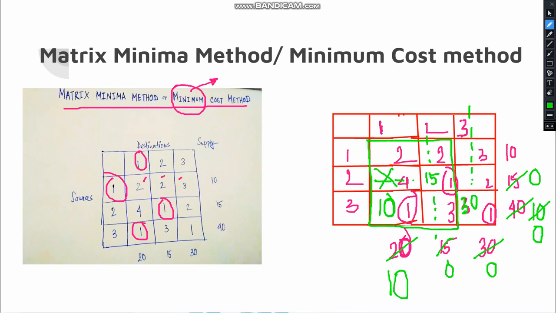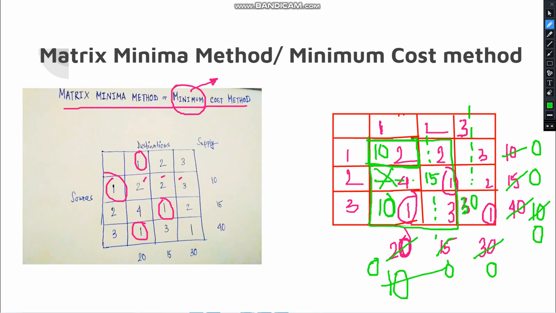Now this is the only cell left, so I have to allocate 10 here. There is no option, so this demand is completed, and there is a supply of 10 units, so you can fulfill this demand.